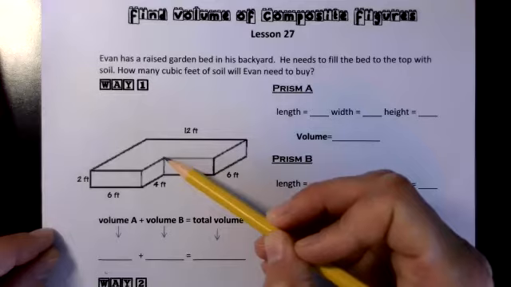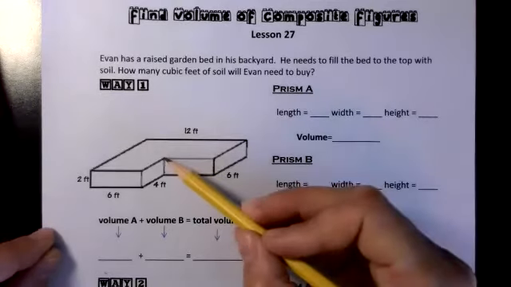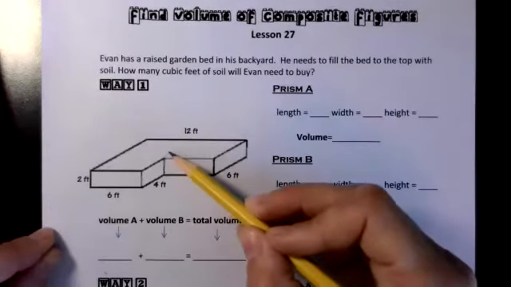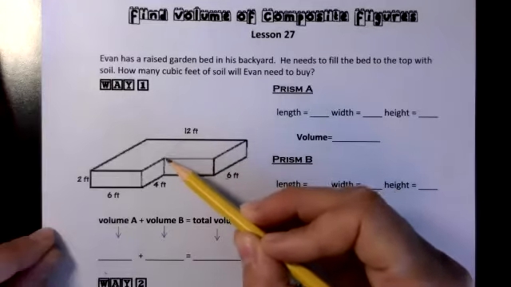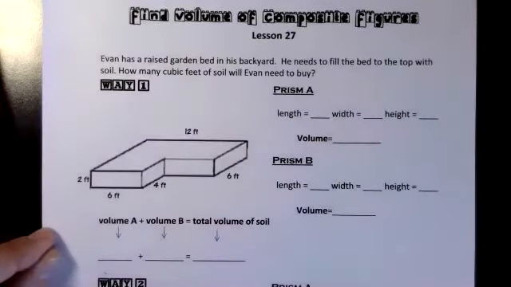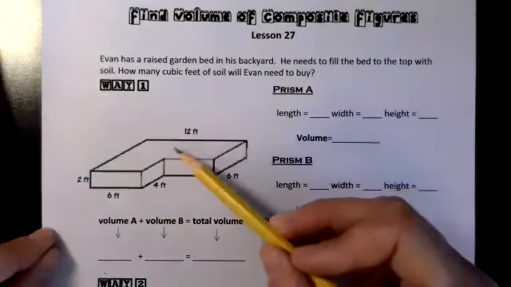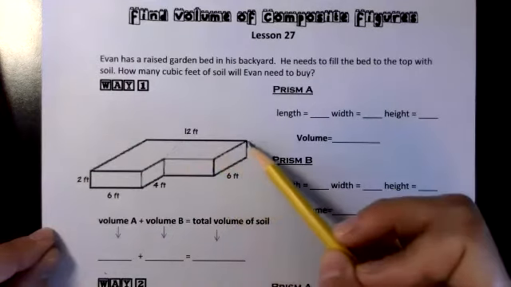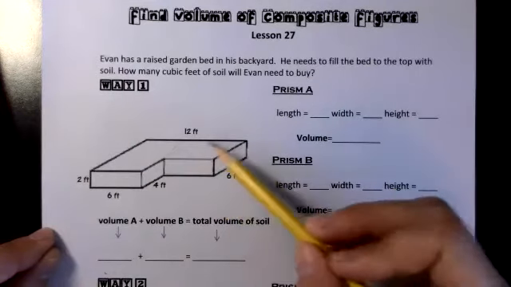The 12 feet. Okay, so when I go to the 12 feet, what you'll notice, and I'm just going to do a very light dot, is that we have a parallel line to all of our widths.